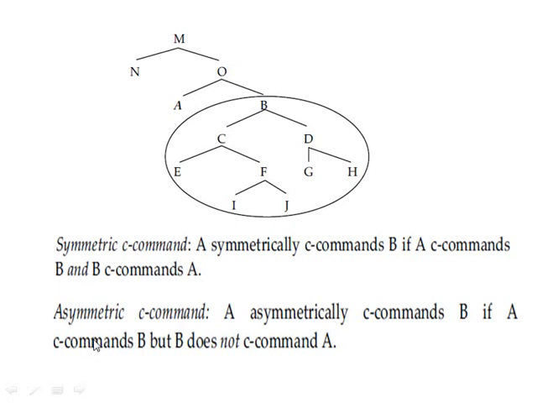Ada lagi asymmetric sigmens. A asymmetrically sigmens B if A sigmens B but B does not sigmens A. Ya, misalnya di sini A asymmetrically sigmens C, if A sigmens C, but C does not sigmens A. Jadi di sini hubungan A dengan C itu adalah asymmetric sigmens, karena A itu sigmens C, karena dia adalah keponakannya, tapi C tidak bisa sigmens A karena A itu adalah BB-nya.